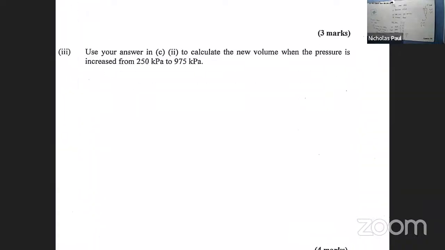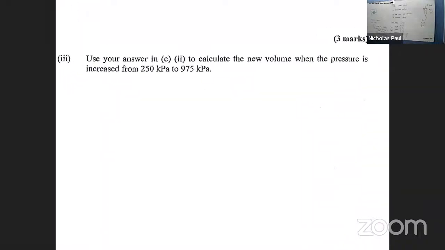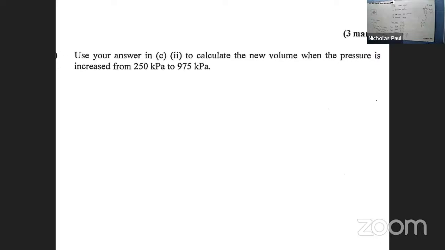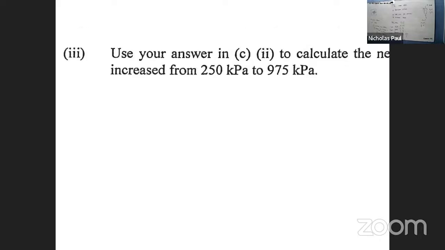And last part, use your answer in C part 2 to calculate the new volume when the pressure is 975. All they want is the new volume. This is a P1 value, this is a P2 value.